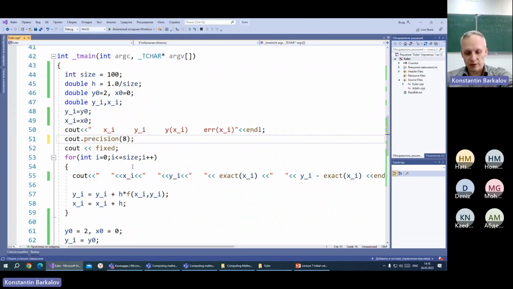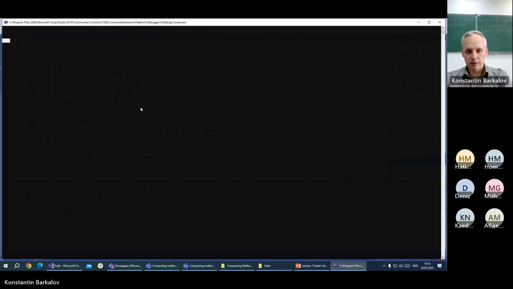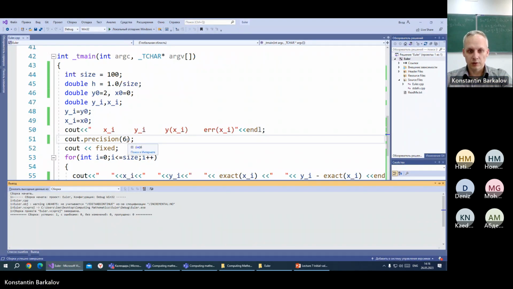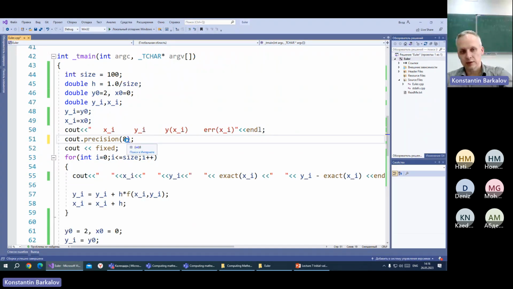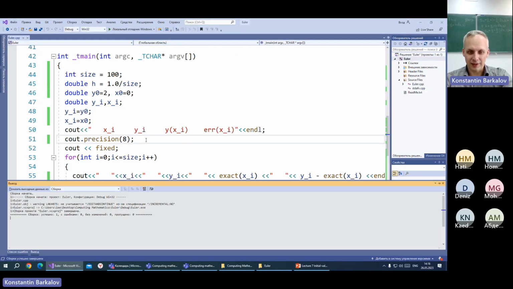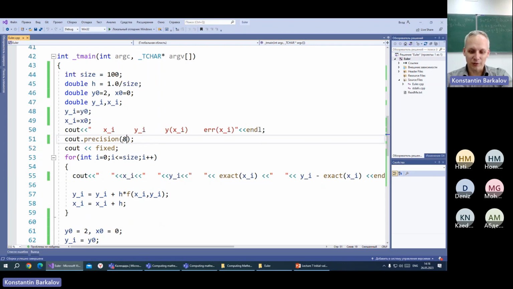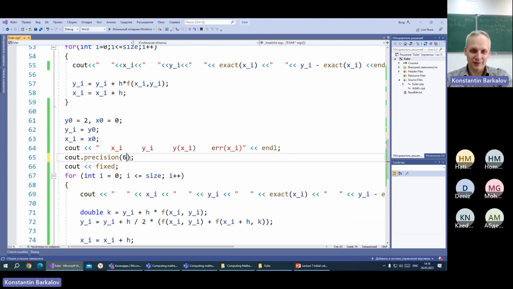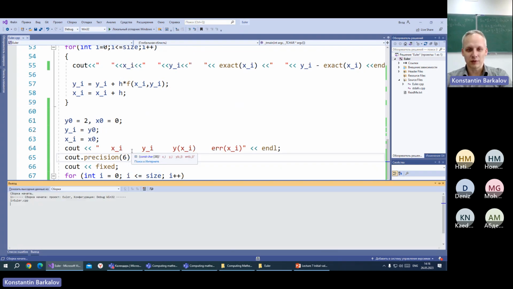It's better to set it as 8 or 6. No, it's not enough, let it be 8. Or I'm sorry, I set precision only for the first method, but here I should repeat it. 6 and 6, of course.